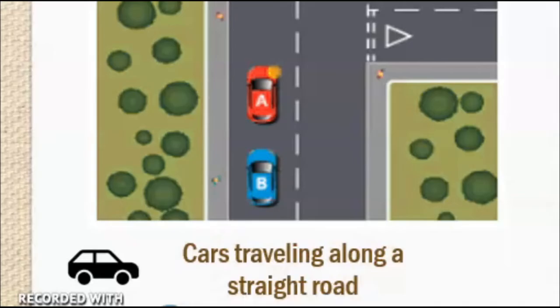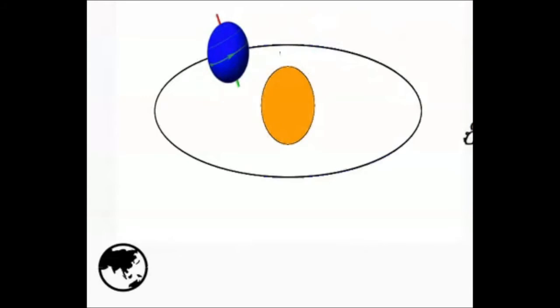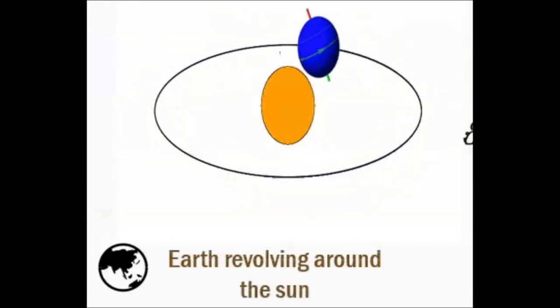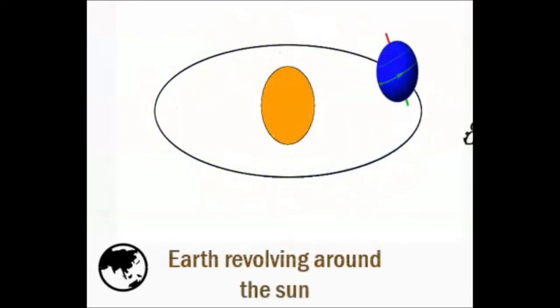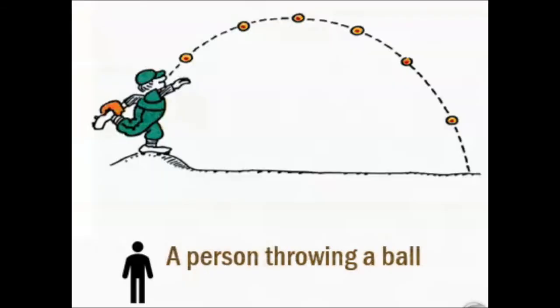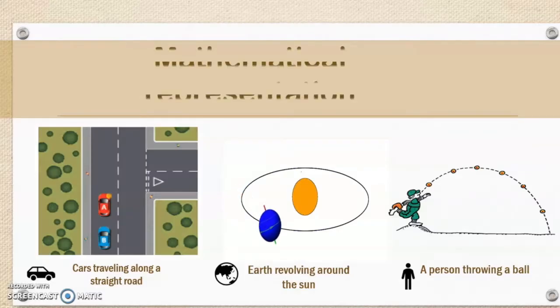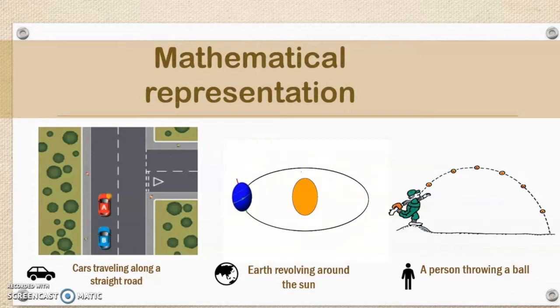Like a car traveling along a straight road. The earth revolving around the sun. And a person throwing a ball. And these paths can be represented mathematically.